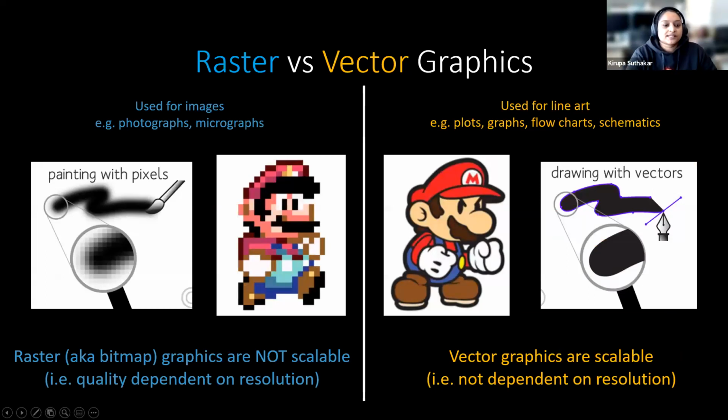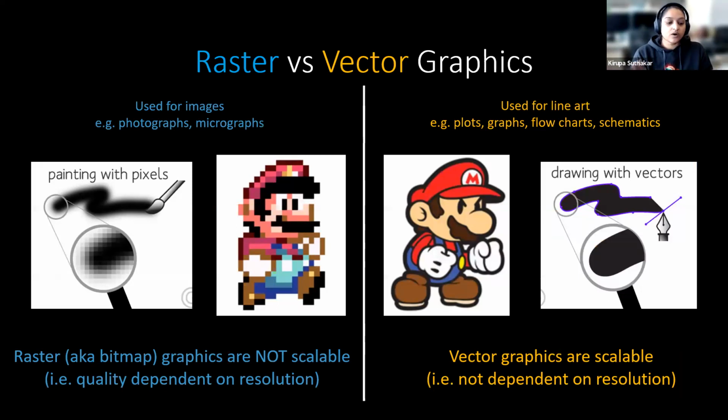So let's focus a little bit more on the difference between raster and vector graphics. As I said, raster graphics use pixels and are typically used for photographs and micrographs. Vector graphics typically use paths and are used for plots, graphs, flowcharts, schematics, that kind of thing. The major thing to remember is that raster graphics are not scalable.